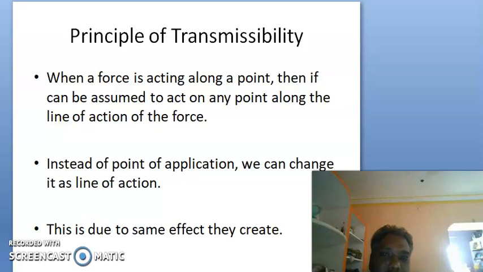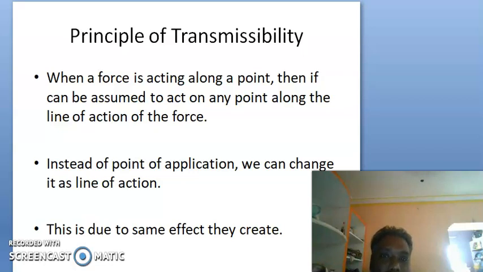Principle of transmissibility. We have already told that a force is characterized by a magnitude, a direction and a point of application. When it is acting at a point, it can be assumed to act on any point along the line of action of that force.